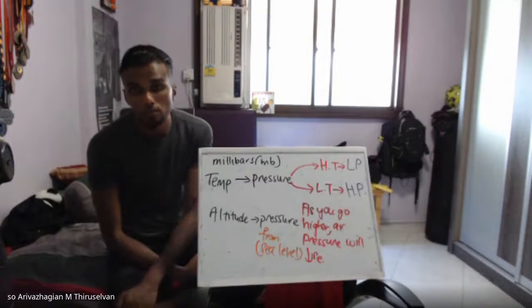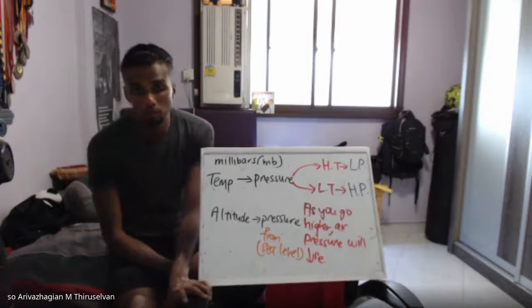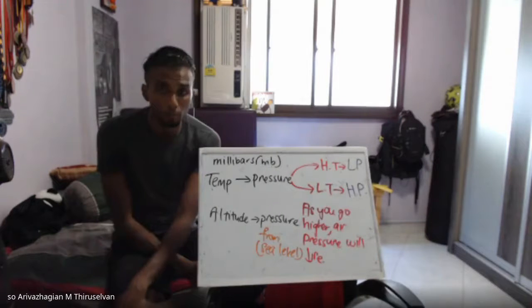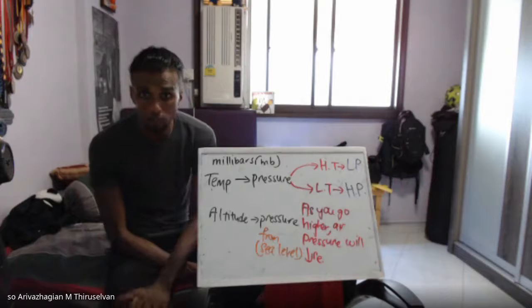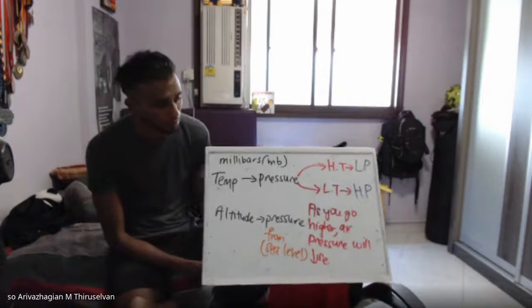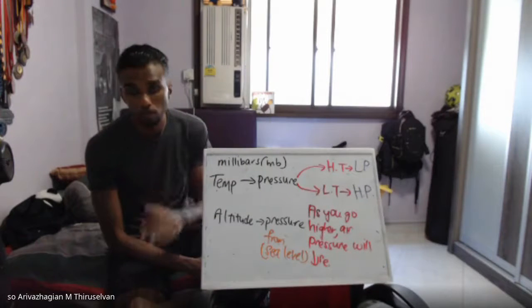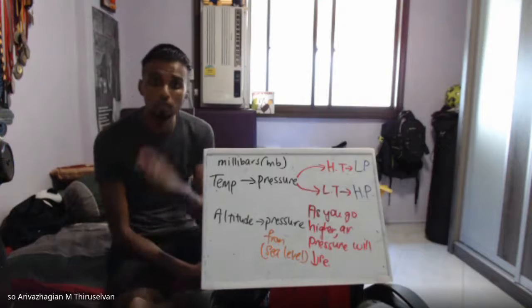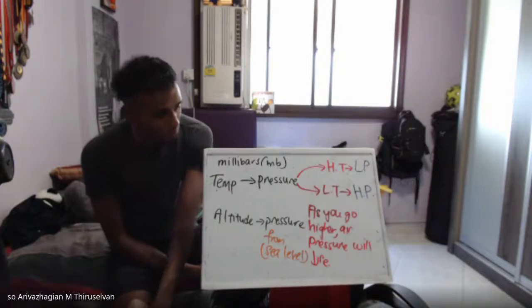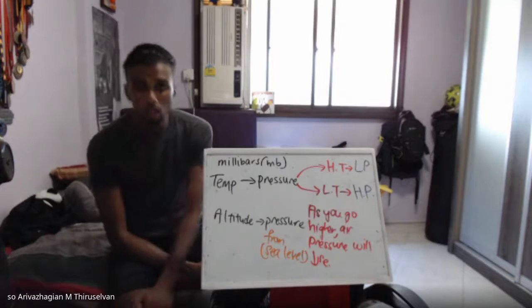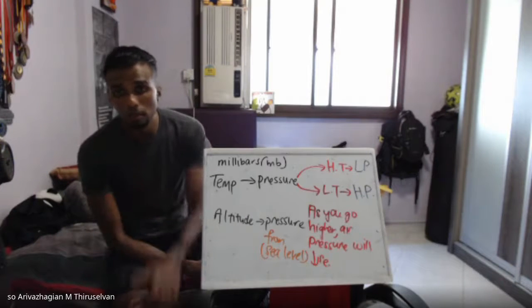We are not talking about atmosphere. When we're dealing with weather, we are talking about atmosphere. So we are not dealing with the pressure under sea level. We're only dealing with air pressure, from sea level and above. So as you go up higher, air pressure will decrease. It's a from-sea-level relationship.